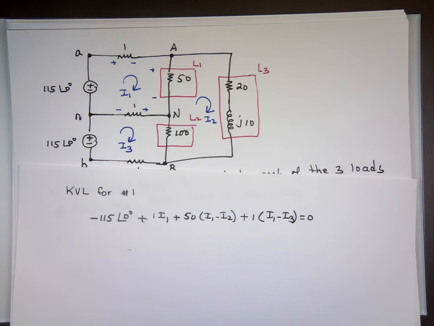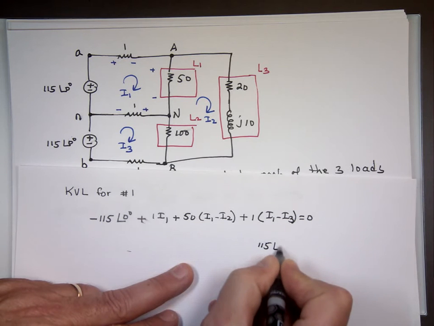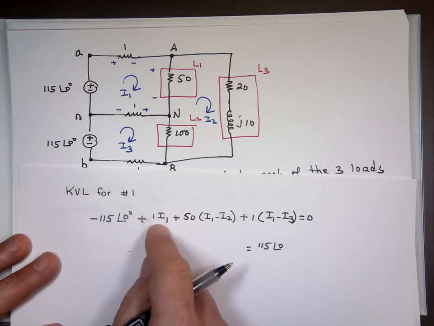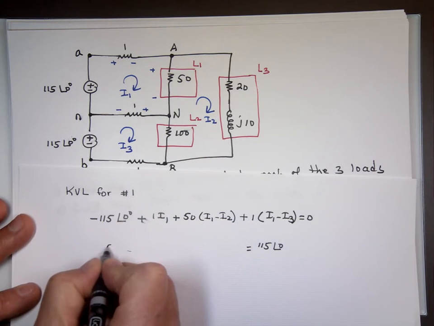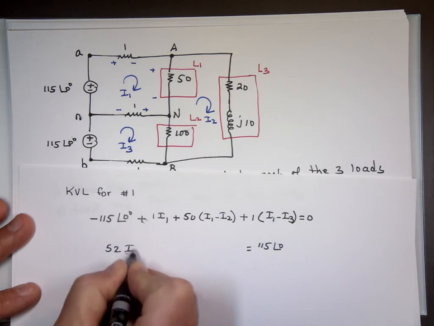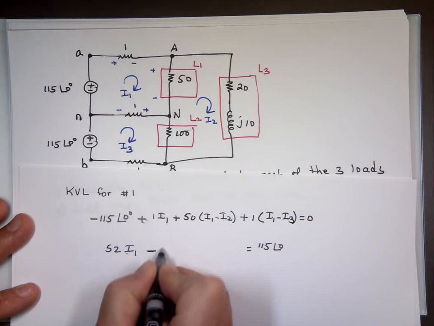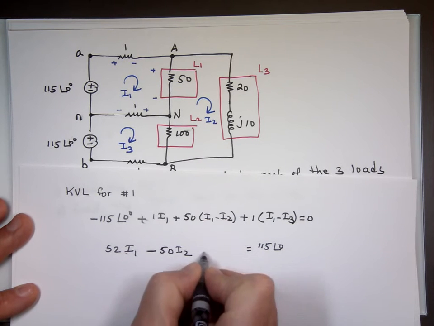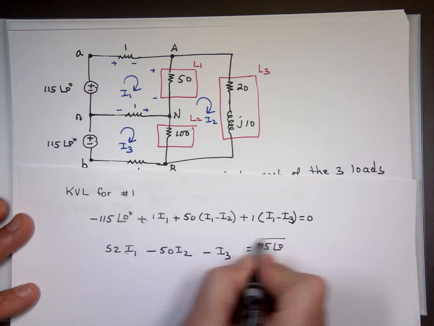And if I clean that, I will have 115 angle 0 equals. Let's see what we have for I sub 1. 1 plus 50 plus 1. Is that 52? Minus 50 I sub 2 minus I sub 3 equals 0. So there's equation number 1.